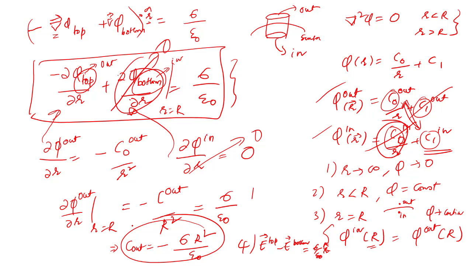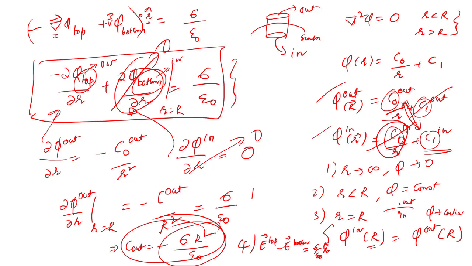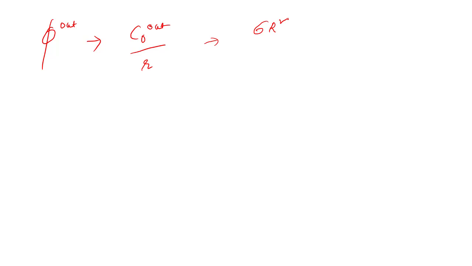So then I can go back and see the expressions. For phi out, we would have C0 out by R as the solution, and C0 out came out to be sigma R square by epsilon naught, divided by R. So you see the 1 over R dependence.